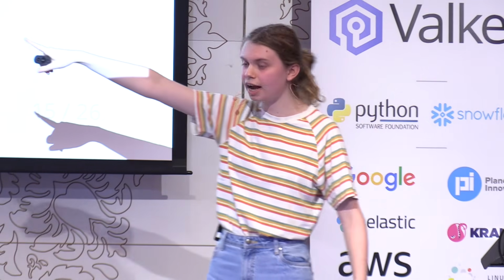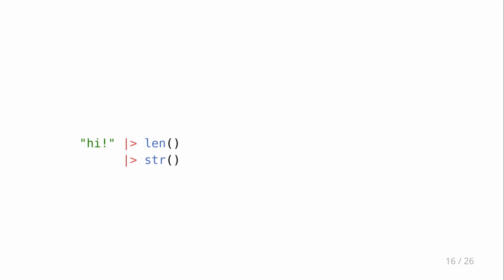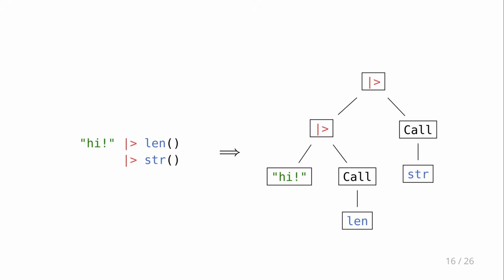And so that's why we have the pipe on the left-hand side there. We want to parse the pipes all the way on the left-hand side before we do the ones on the right-hand side. And if we do that, we're going to get this slightly larger syntax tree, and you'll see that the bigger outer pipe only has smaller pipes on the left-hand side.